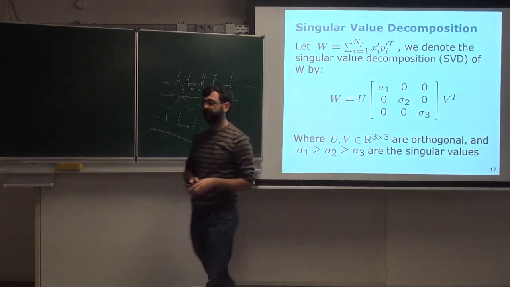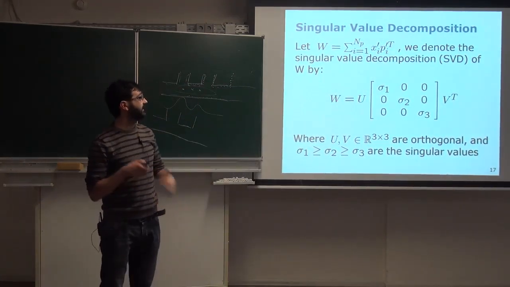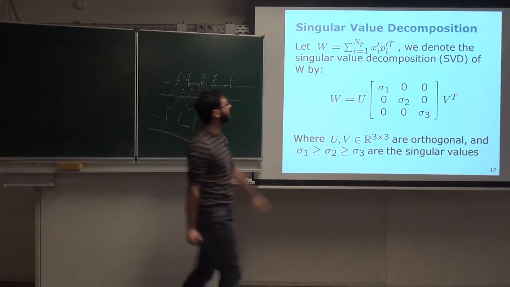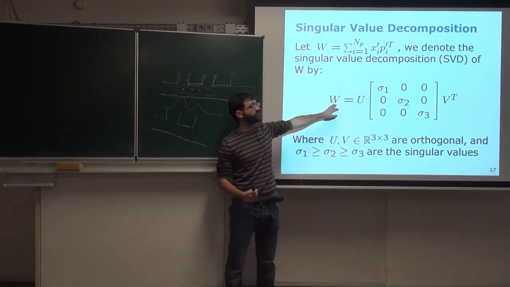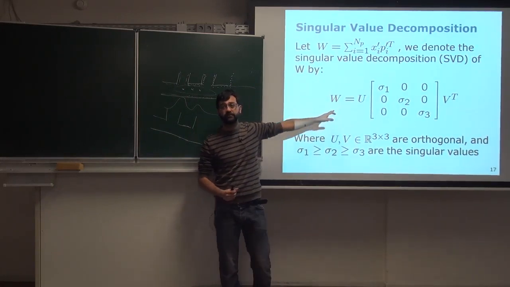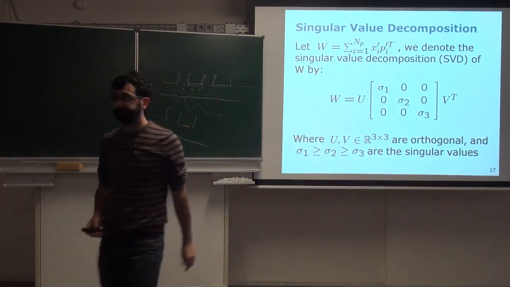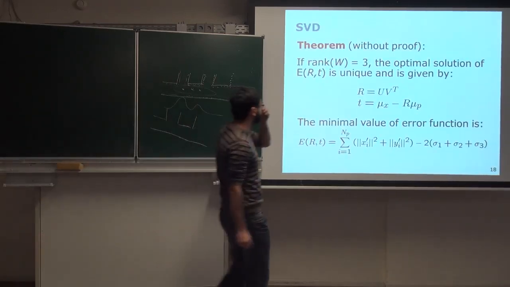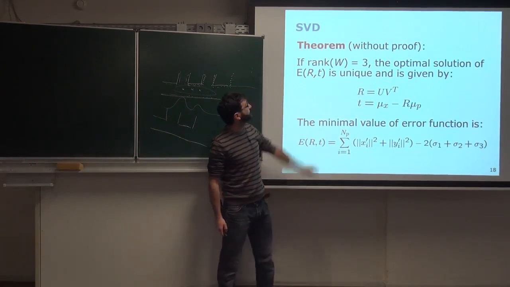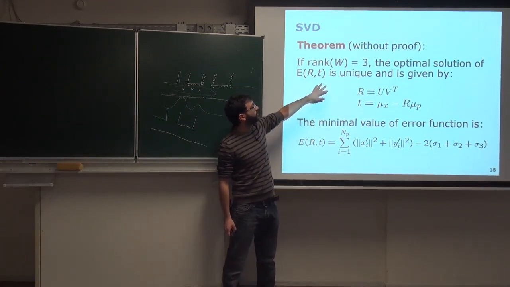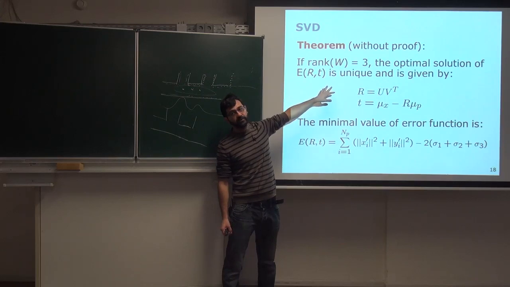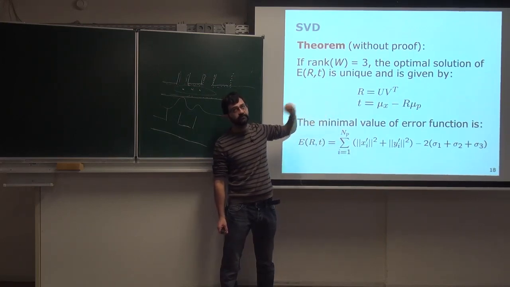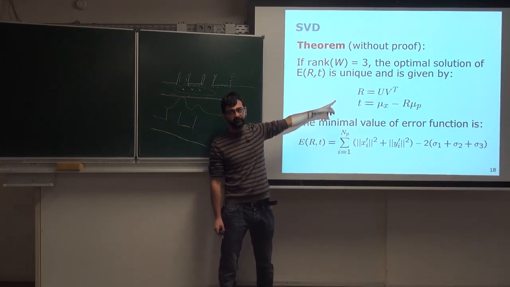So for solving that, you get this W, and this will be your rotation matrix, okay? Once you have it, yeah, I'm just skipping the proof. If you want it, you can write me an email and I can give you some pointers to where to find the proof of that.